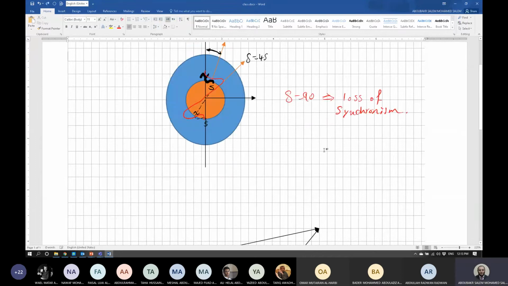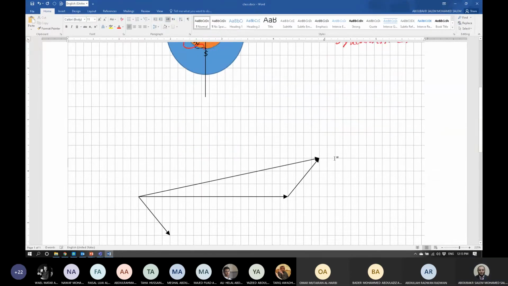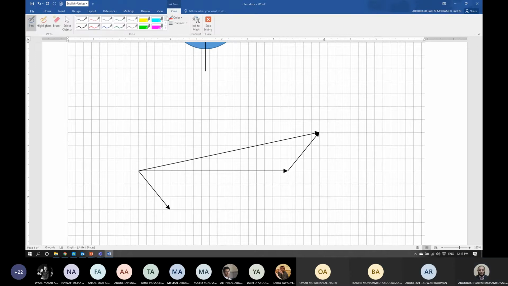So here this is V terminal. This is jIAXS. Assume this is IA case number 1, and this vector is EF case number 1.